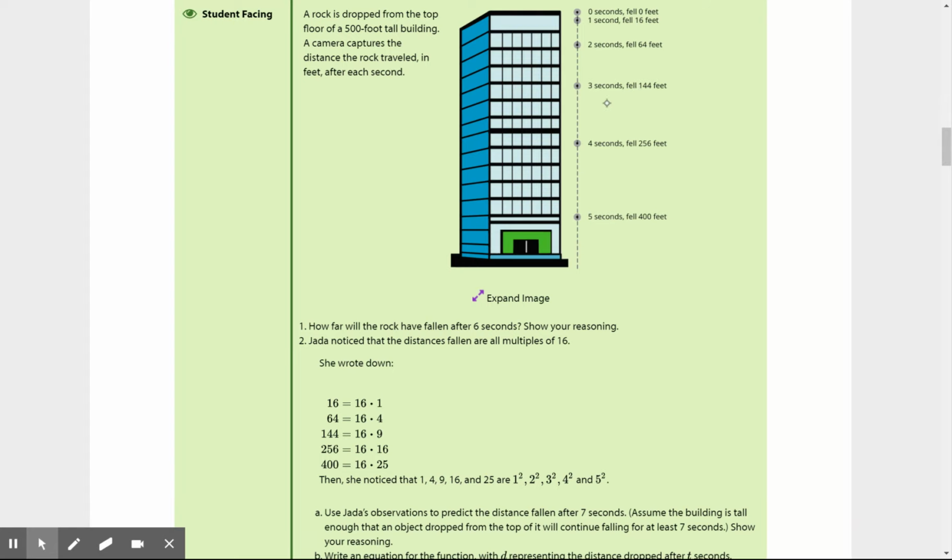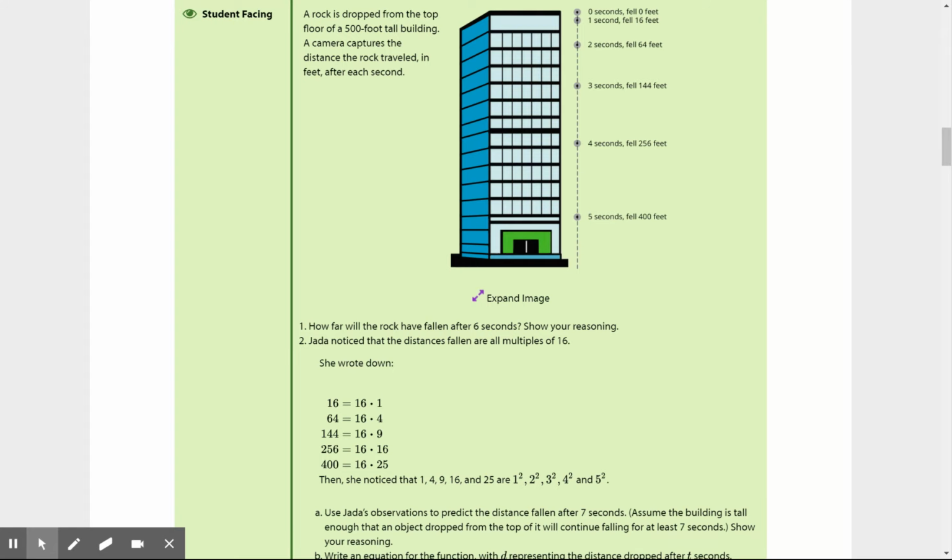Then between second 3 and second 4, 256 and 144, I see that it has fallen 112. So here 48, here 80, here 112. And now, between 400 and 256, it's going to have fallen 144 feet.